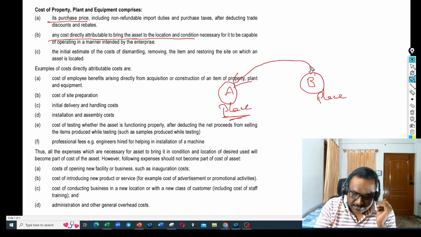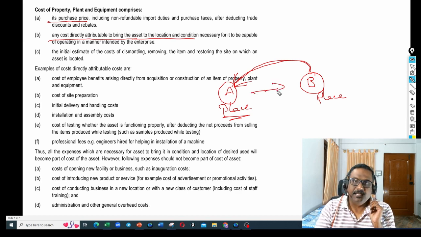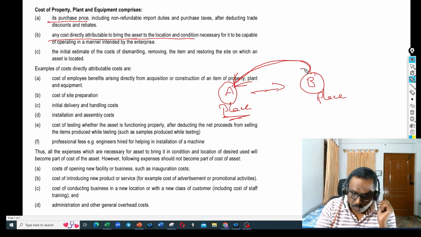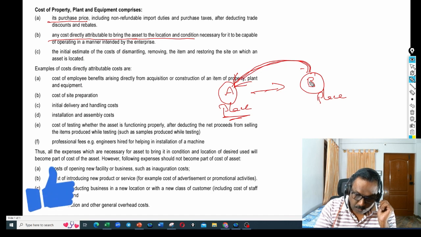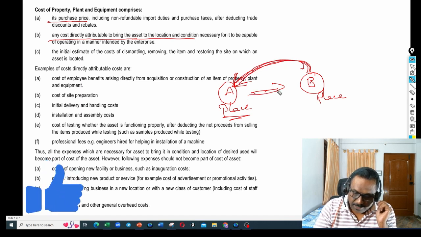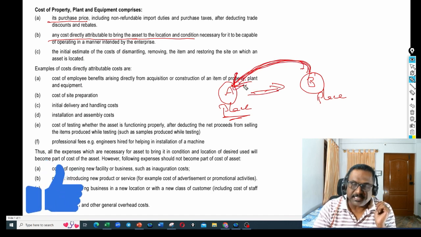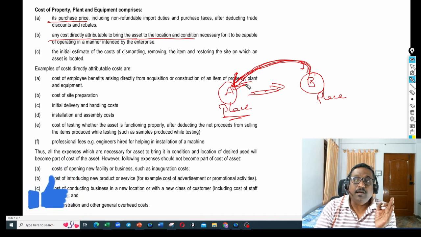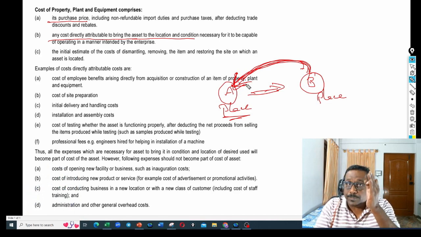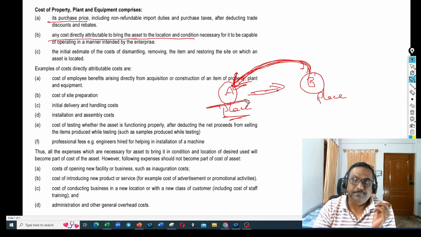So for bringing the asset from B place to A place, whatever expenses I incur, those expenses are called directly attributable to bring the asset. Whatever expenses you are incurring for bringing this asset is called directly attributable cost to bring the asset to your location.